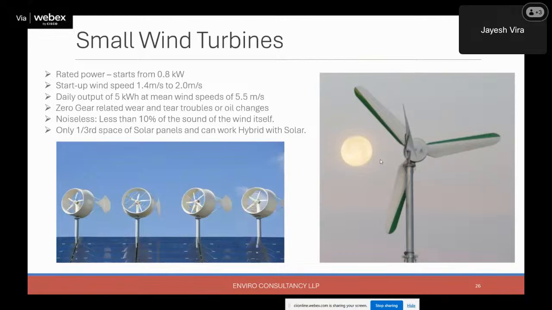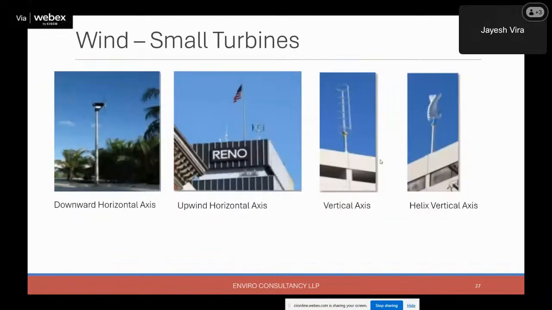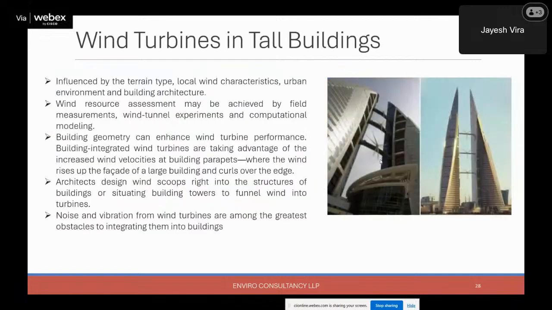Also, the smaller windmills won't produce that much noise or vibration, so they can be easily installed in your buildings, and can be integrated with solar as well. There are different types of smaller wind turbines, horizontal axis and even vertical axis. Either of those can be installed over the buildings.